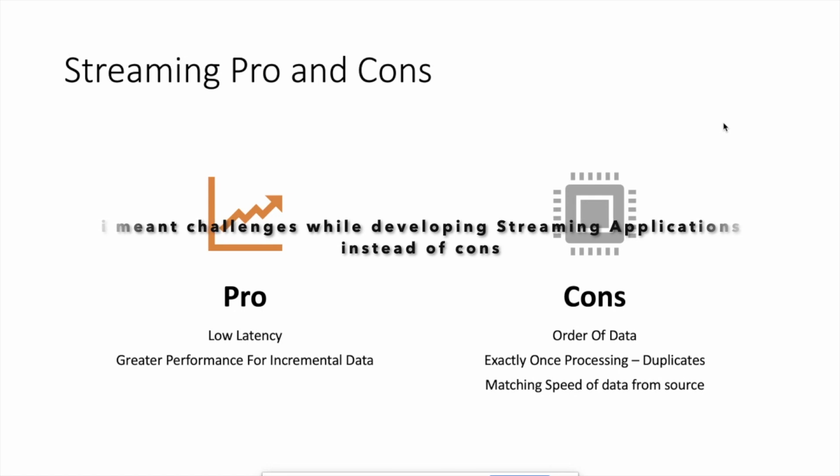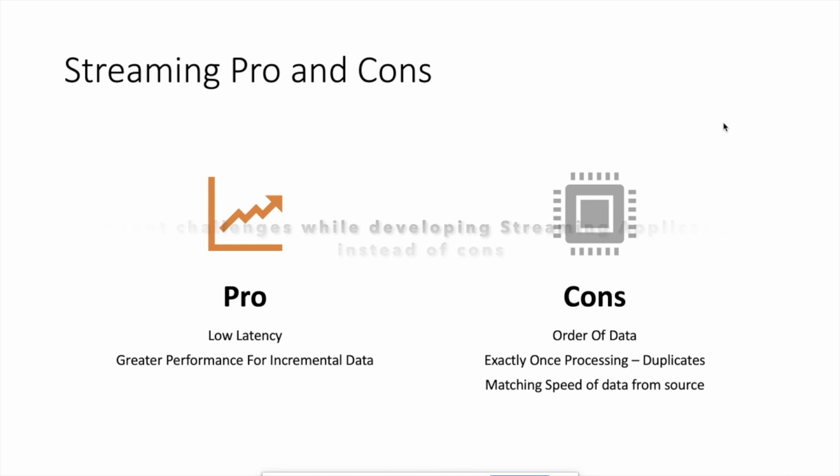And if you have a use case of getting incremental data throughout the day, then Spark streaming is custom designed for that kind of application. You don't have to write any boilerplate code, which you probably have to do in the case of Spark batch. As the data comes in, it can take the data and process it. That's a very good pro of using Spark streaming in the case of incremental data loads.